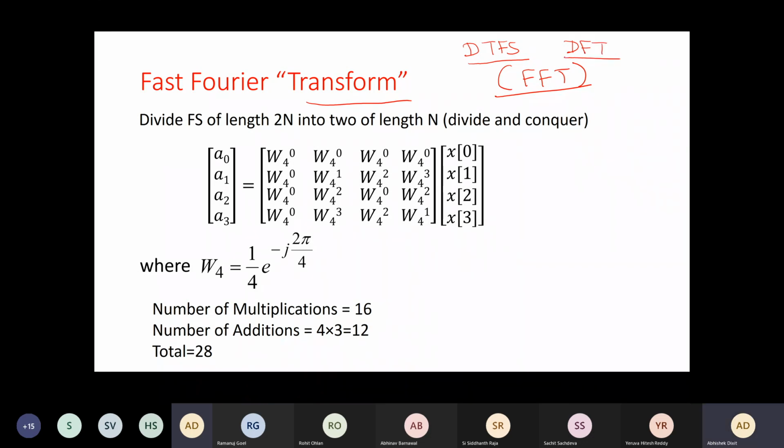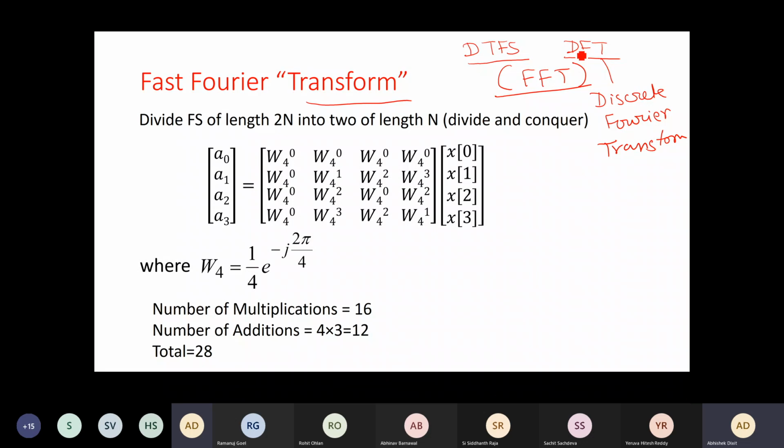DFT stands for discrete Fourier transform. So DTFS and DFT are one and the same thing. DFT is the same as DTFS, no difference.